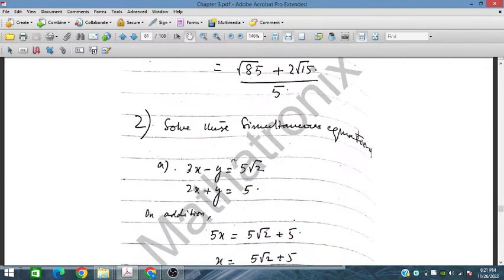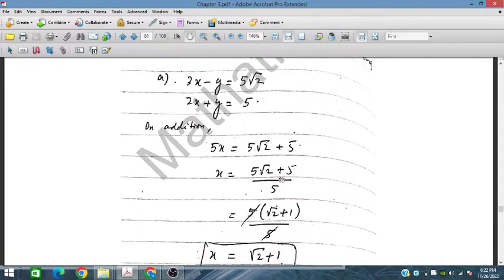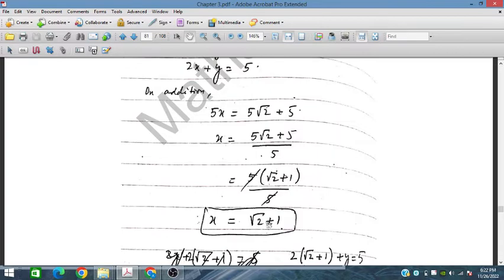For these simultaneous equations, on addition y will cancel out, so 3x plus 2x is equal to 5x is equal to 5 under root 2 plus 5, and x is equal to (5 under root 2 plus 5) divided by 5. Take 5 common, so x is equal to under root 2 plus 1.